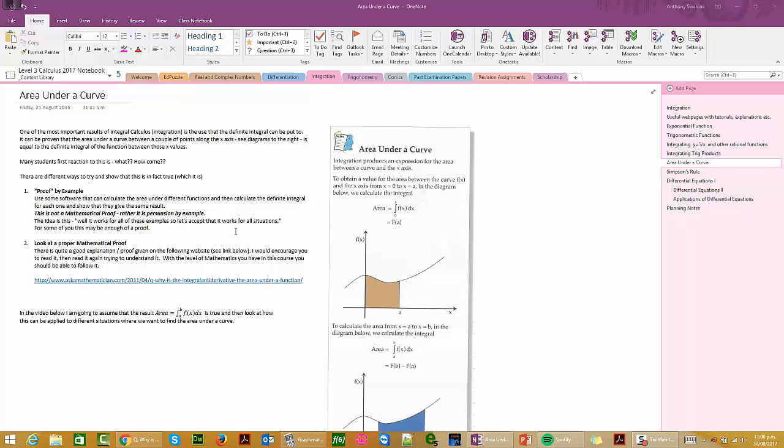So what we're going to be doing is to extend the work that we've been looking at recently about using the definite integral to find areas under a curve.